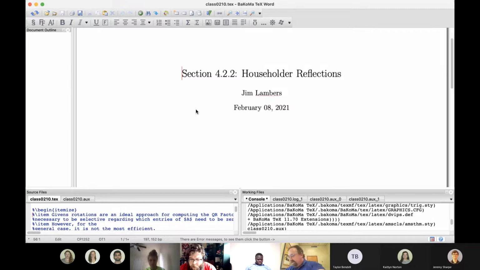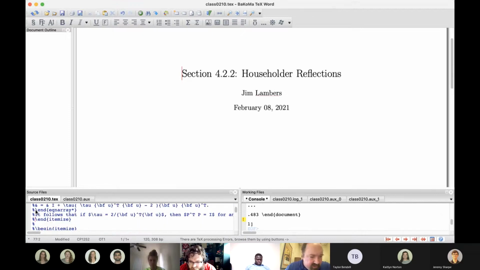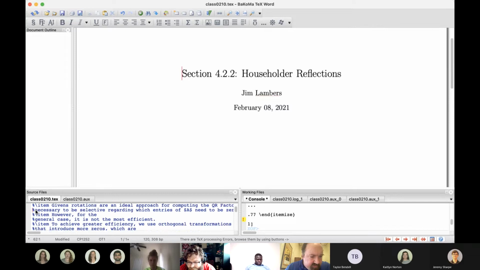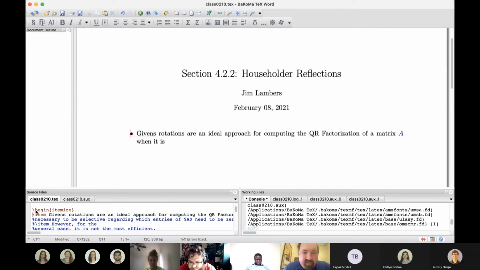But today we're going to look at another one that will be useful not just for the QR factorization, but for other problems, as we'll see later on in the semester. These are called Householder reflections.